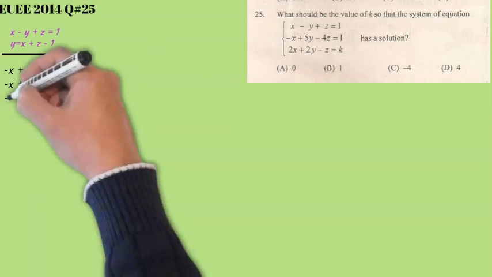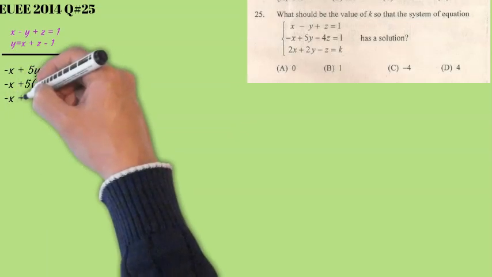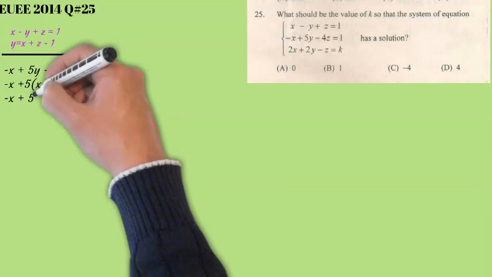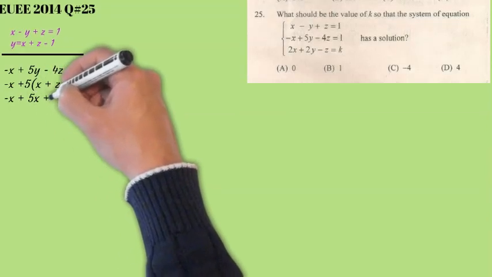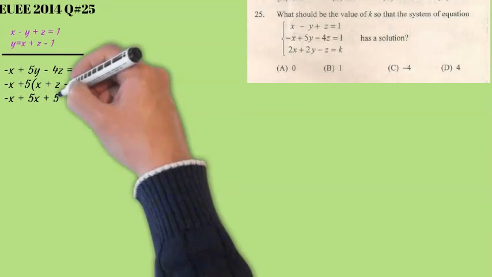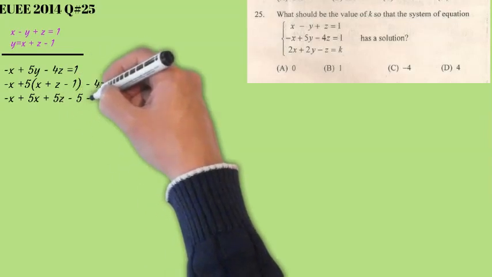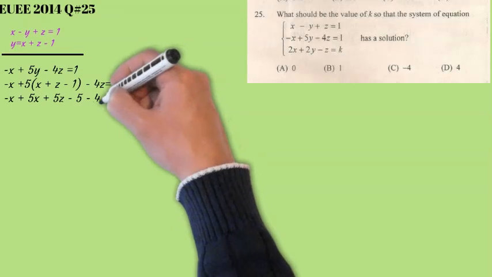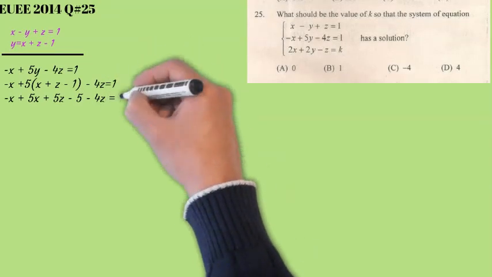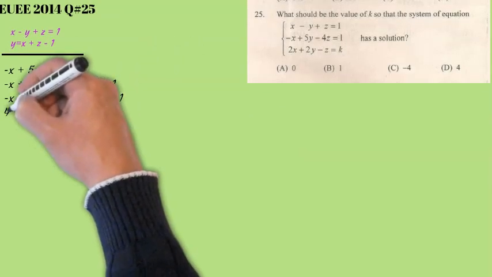Then by the distributive property, 5 times x is 5x, plus 5 times z, 5z, minus 5. Then we have minus 4z is equal to 1.